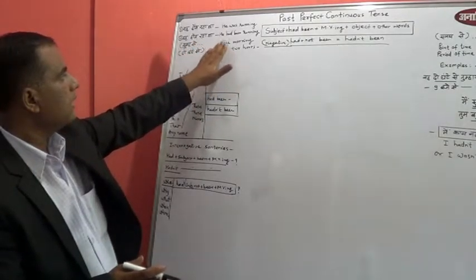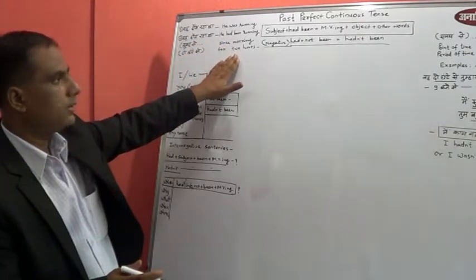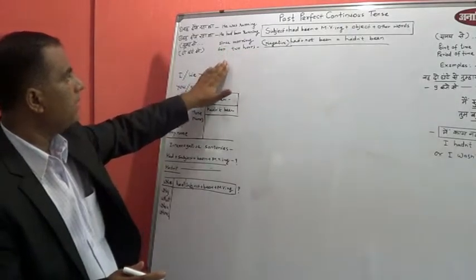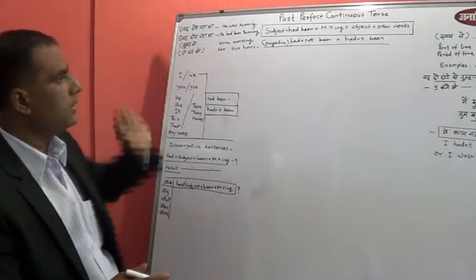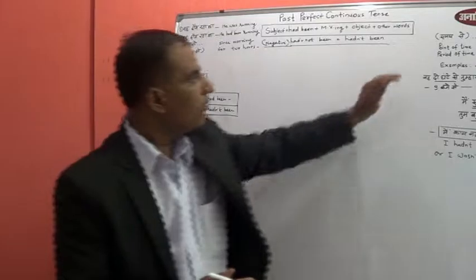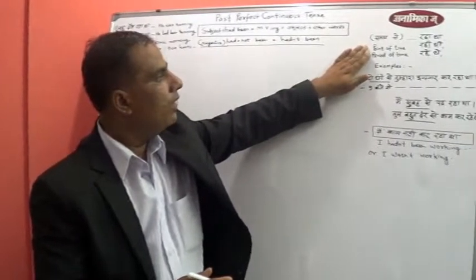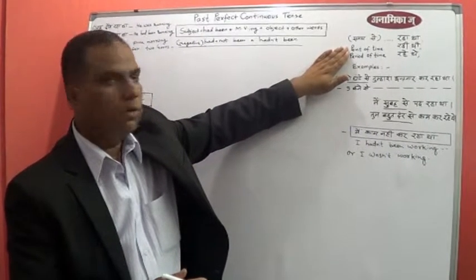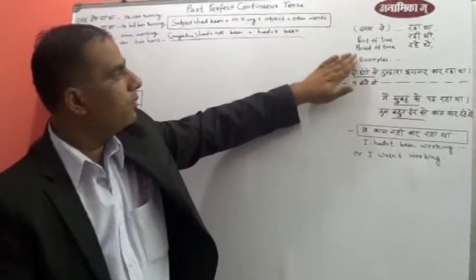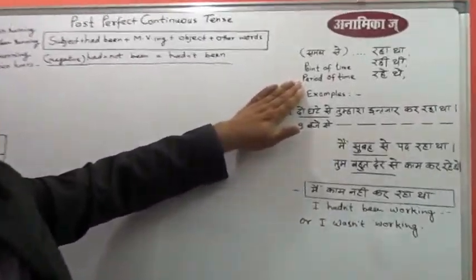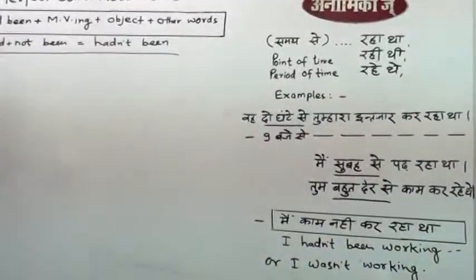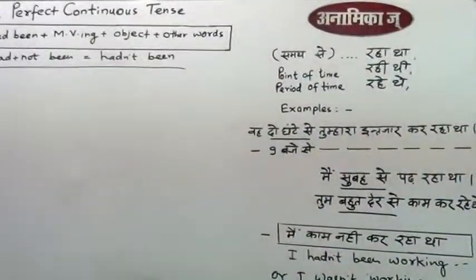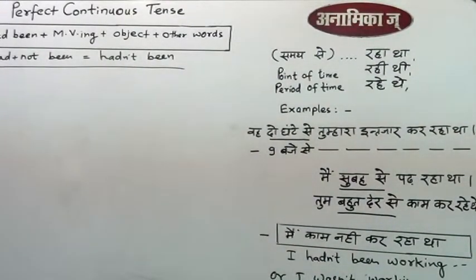For instance, since morning, for 2 hours. Now as far as using since and for is concerned, for point of time we will always use since, and for period of time we will always use for. In fact, these two things are also the identification of past perfect continuous tense.